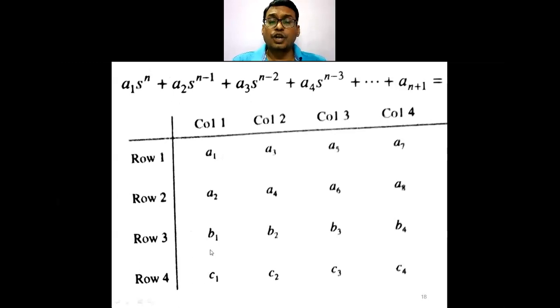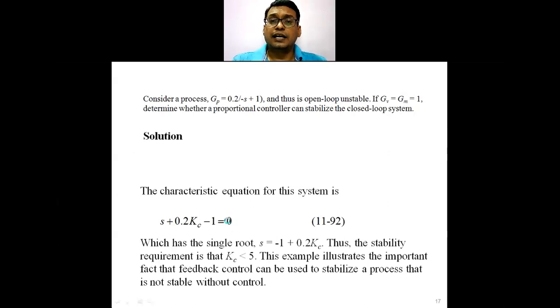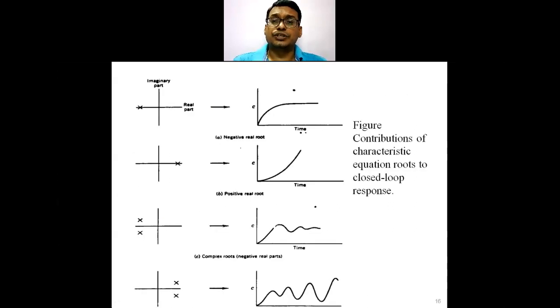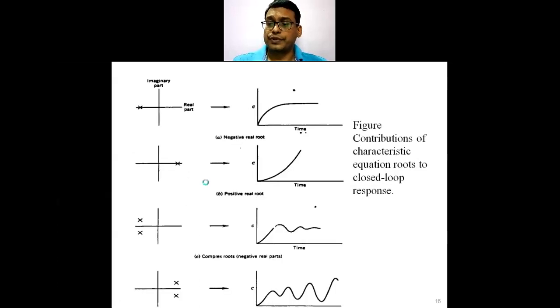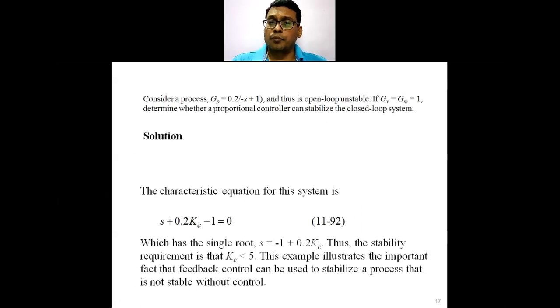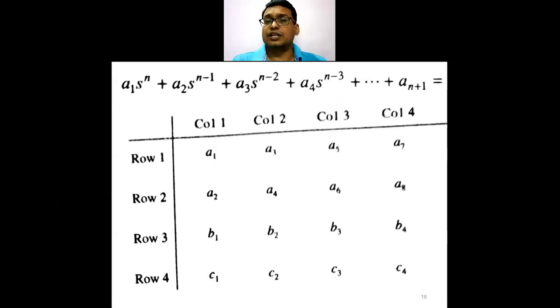That means the roots lie on the left hand side of the imaginary axis. If column 1 is all positive, then the roots lie on the left hand side of the imaginary axis, so the system becomes stable. This is the first rule.